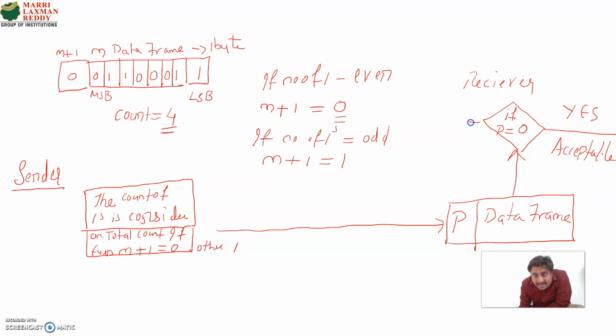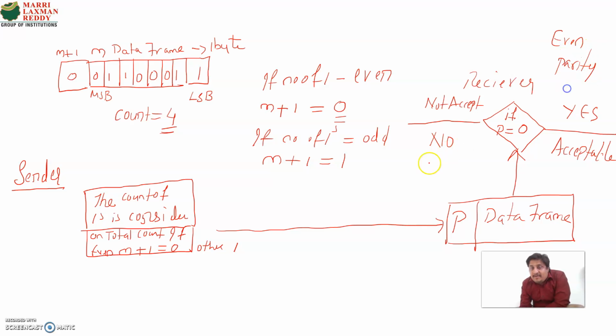If the parity bit is 1, then it is not acceptable. So if parity bit is equal to 0, it is acceptable. If parity bit is equal to 1, it is not equal to 0, so it is not acceptable. This kind of concept of considering the parity bit, we call it even parity.